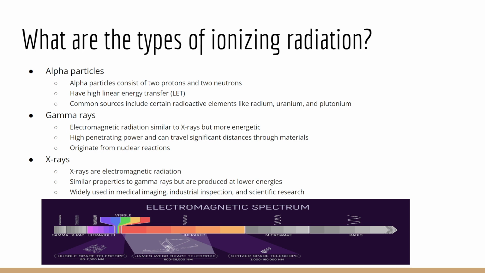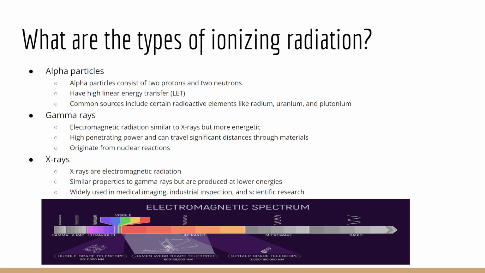What are the types of ionizing radiation? We're only going to go over a couple of these. The first one is alpha particles. An alpha particle consists of two protons and two neutrons. It has high linear energy transfer, and common sources would be radioactive elements like radium, uranium, and plutonium.